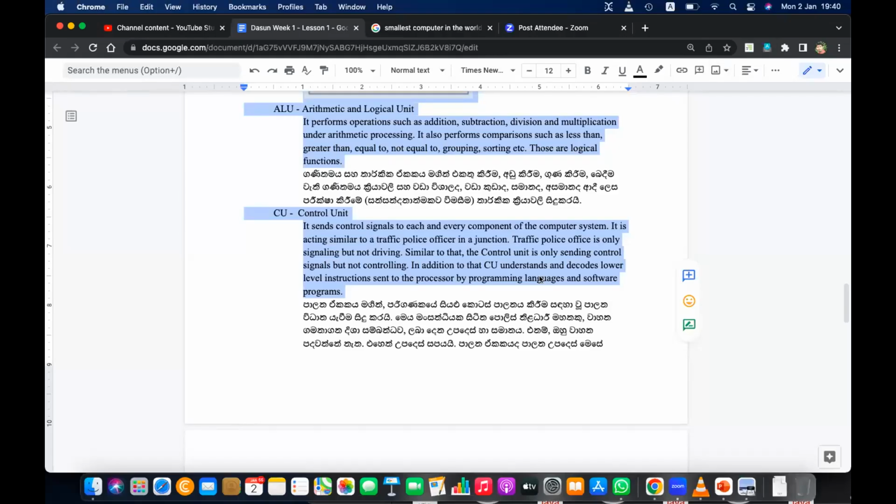Right. Then, I couldn't explain about the control unit. The control unit is like a traffic manager, or a traffic police.